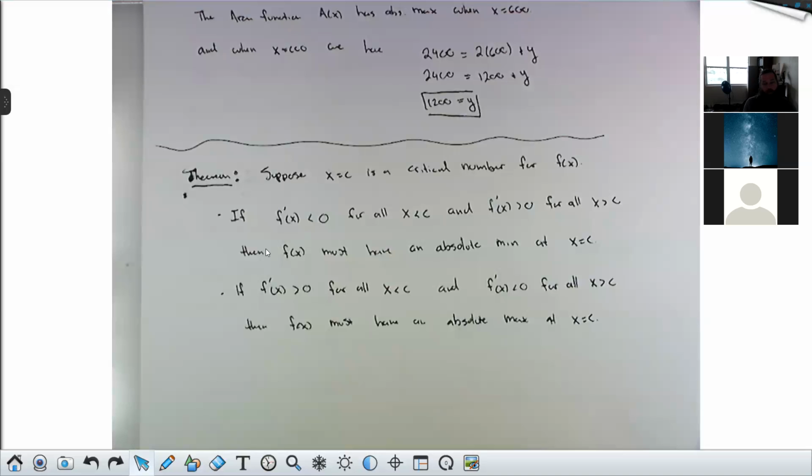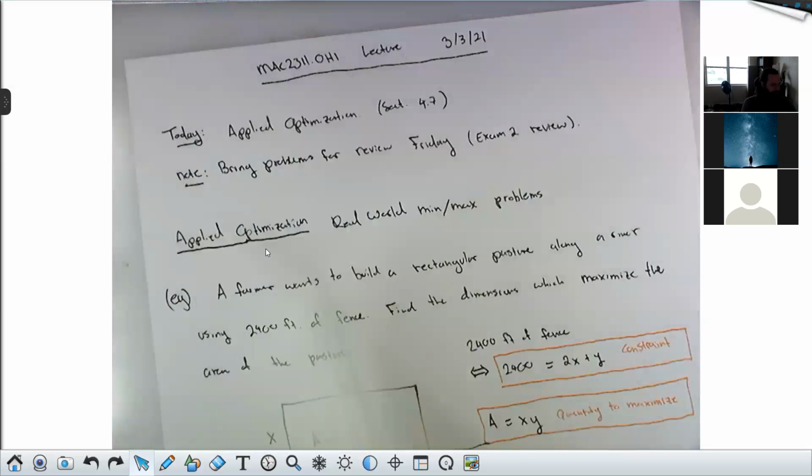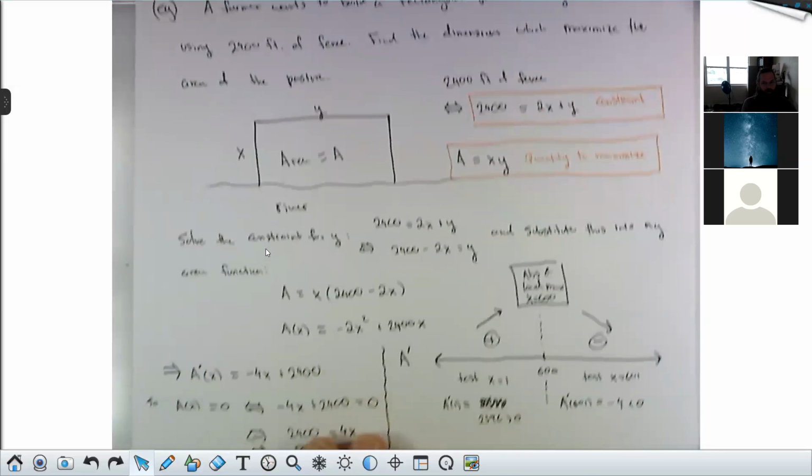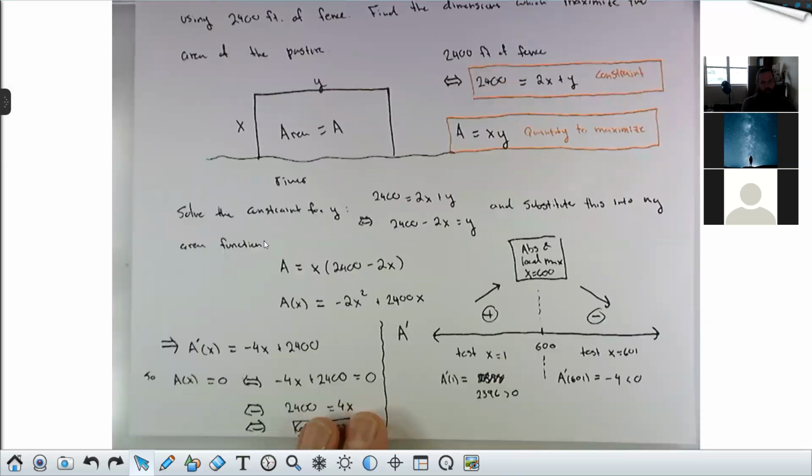Got to have both. So if your domain is restricted, and generally the domains here are restricted. If we look back at this, I haven't said it explicitly, but there is a finite interval that x can run through for this function. X has to be greater than or equal to 0.